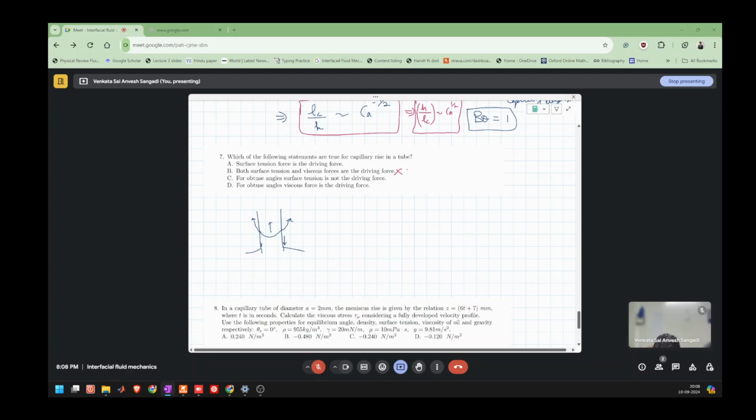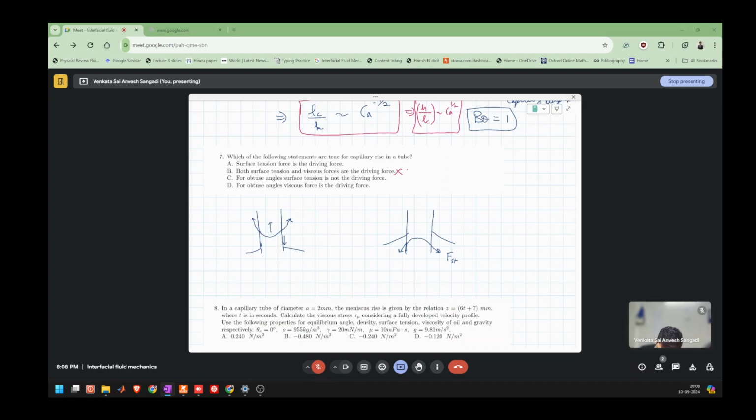For the second case, obtuse angle. Here also the change in height is again due to the surface tension force, and that is the driving force for the depression when there is an obtuse contact angle.